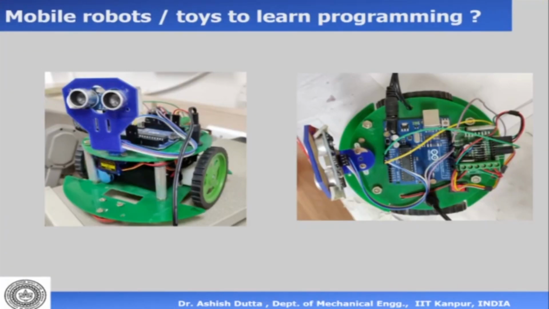Now, those of you who have been into robotics clubs in your schools or colleges, there are a lot of these mobile robots which are being sold today. Okay, so in robotics clubs, normally students make this kind of mobile robots, and you can also buy them in malls. Various malls sell different kinds of toy robots. Now, because of the lowering of cost of electronic components, okay, it's very easy and very cheap to make this kind of mobile robots.